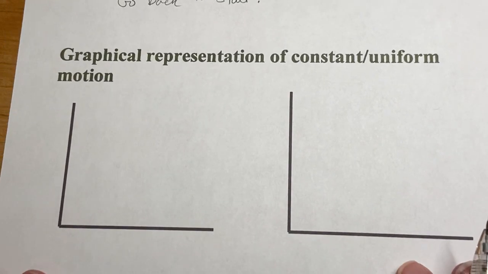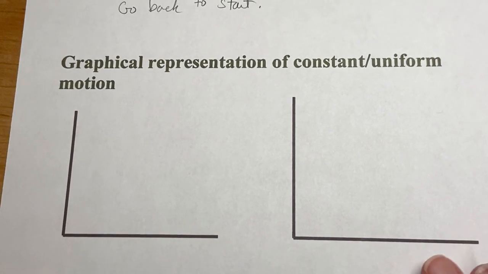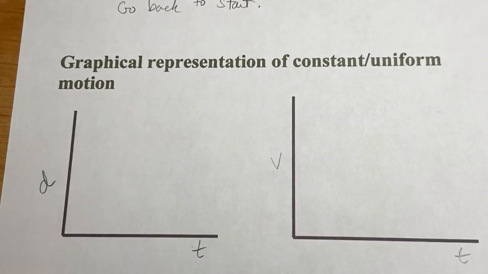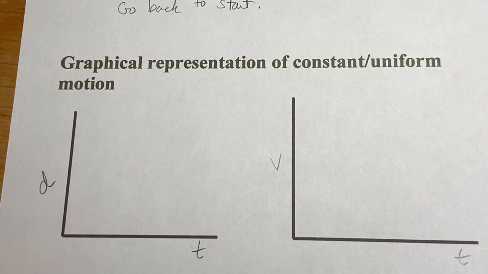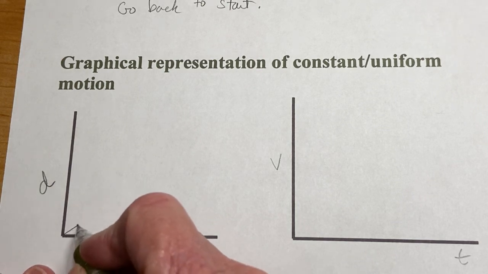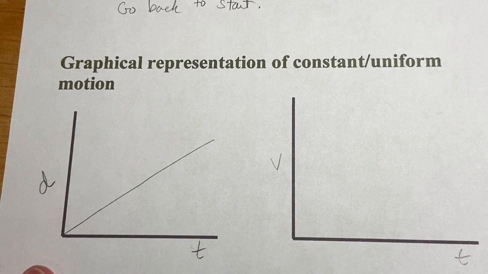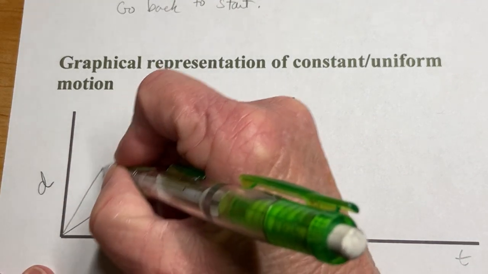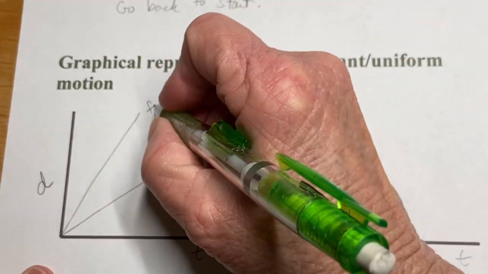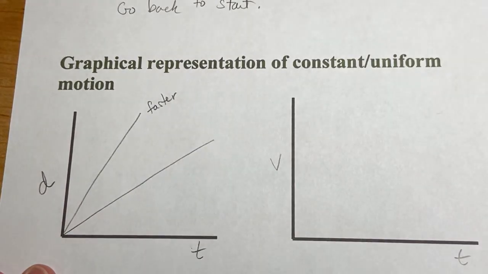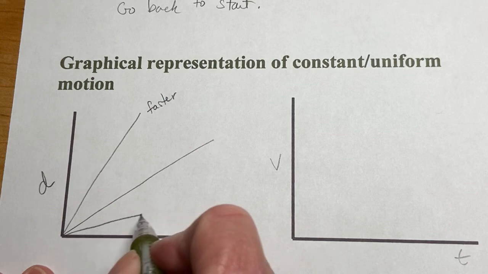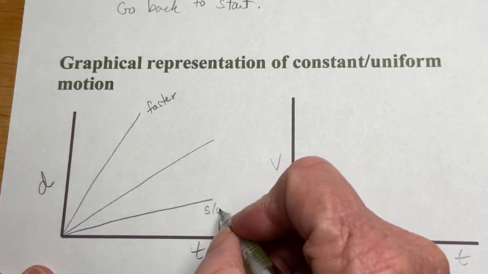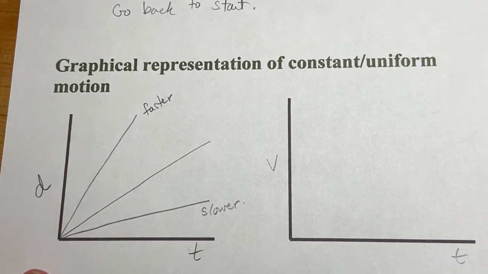So let's talk about graphs. Okay, if this is a time axis, this is a distance or displacement, and this is velocity. Uniform motion means we stay steady. So I will have a straight angled line. If I have a steeper line, it's going to be faster. Maybe I'm cruise controlling at 80. If I have a straight line here, slower.